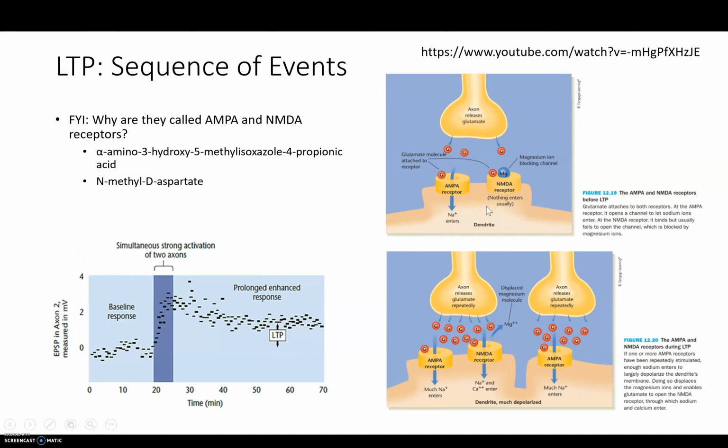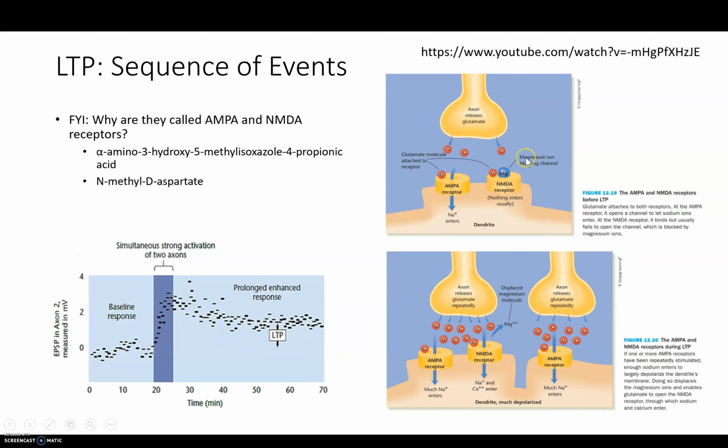So both of these receptors are ionotropic receptors. Okay, so that means they'll let ions in. The AMPA receptor lets in sodium when glutamate binds to it. If a little bit of glutamate is released, it's going to bind to the AMPA receptor. It also binds to the NMDA receptor. The AMPA receptor opens, lets in some sodium. The NMDA receptor would open and let in ions.